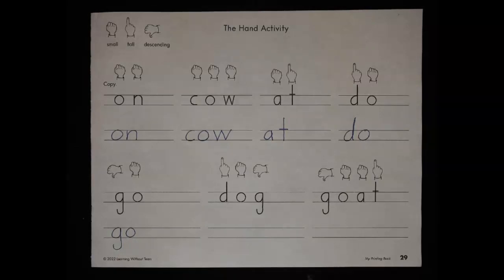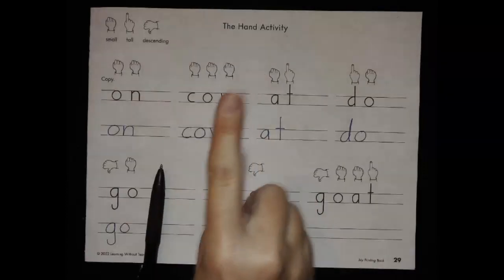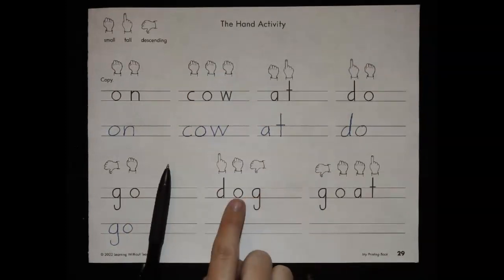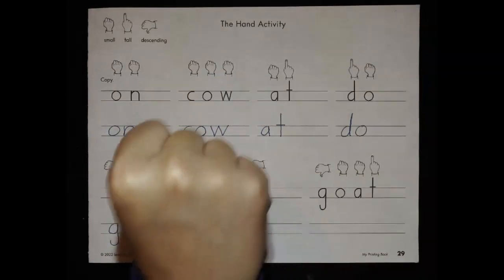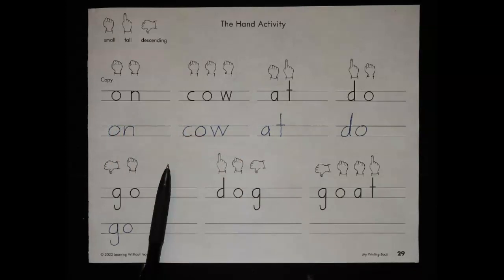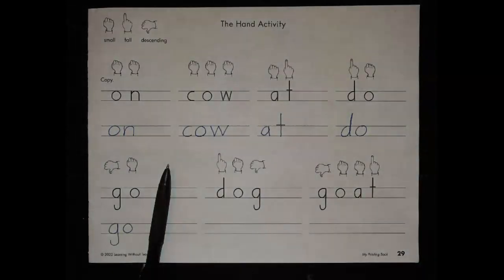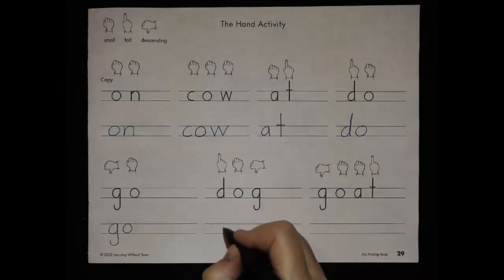Very good. All right, guess what? Dog has all three kinds of letters. D is a tall letter. It goes up to the top line. O, make your fist. It's a small letter. It stays in between. And a G, that's right. It goes below the line. All right, let's make our D first.